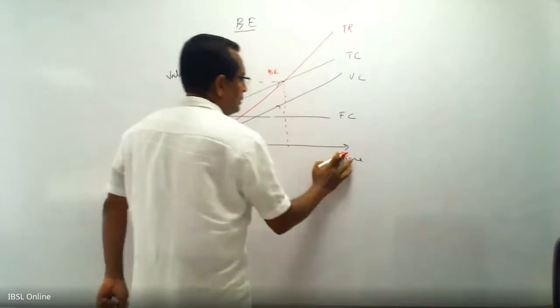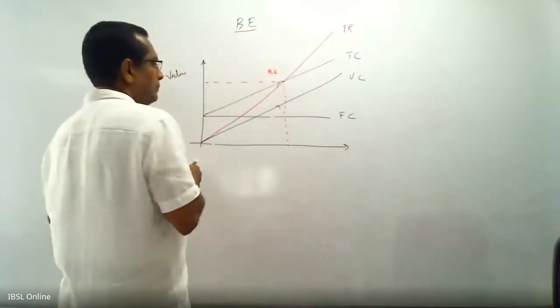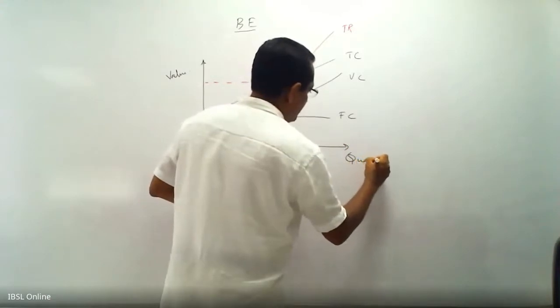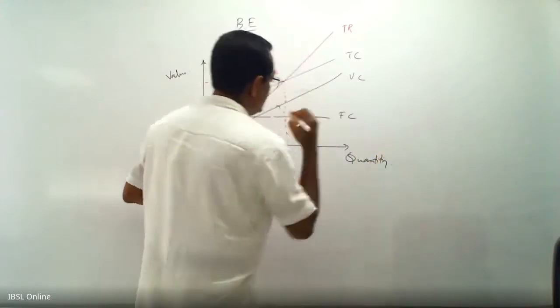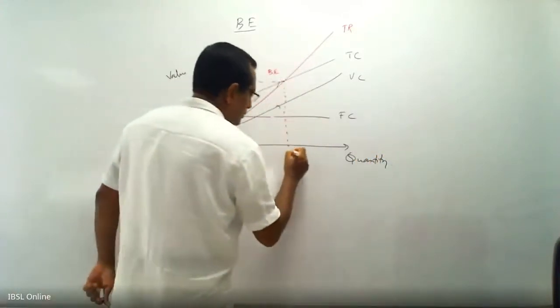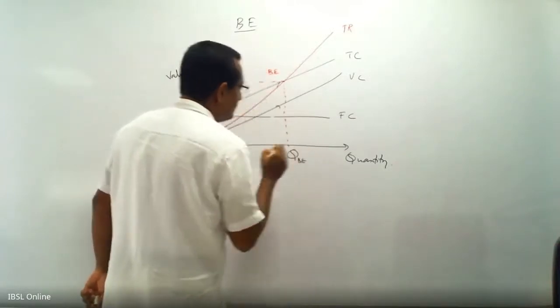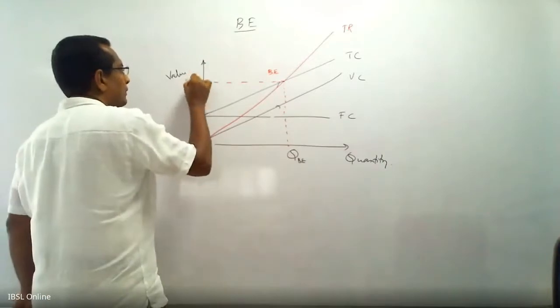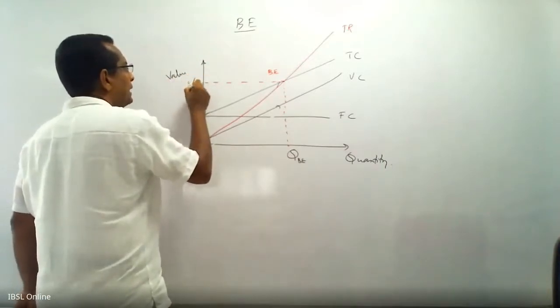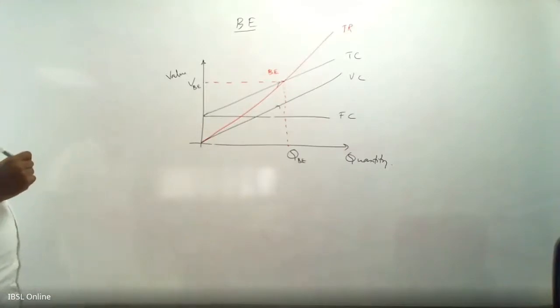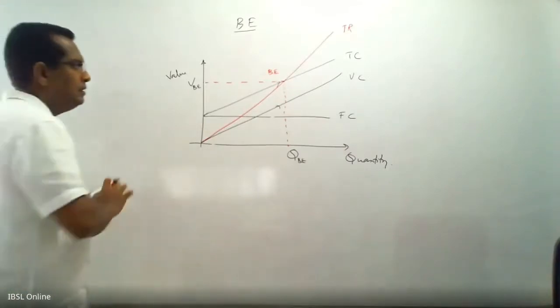So this is quantity. So this point will be Q break-even. This value is break-even turnover. Right? So this is the point.